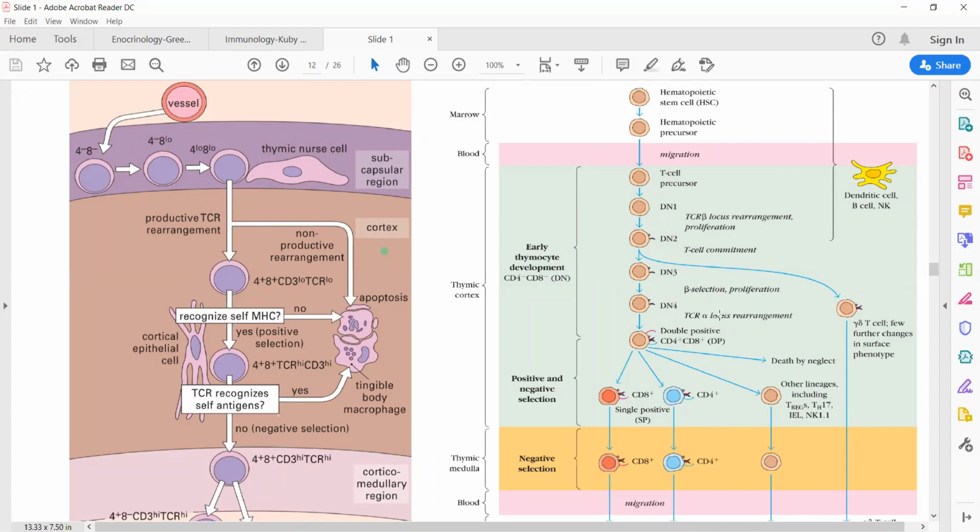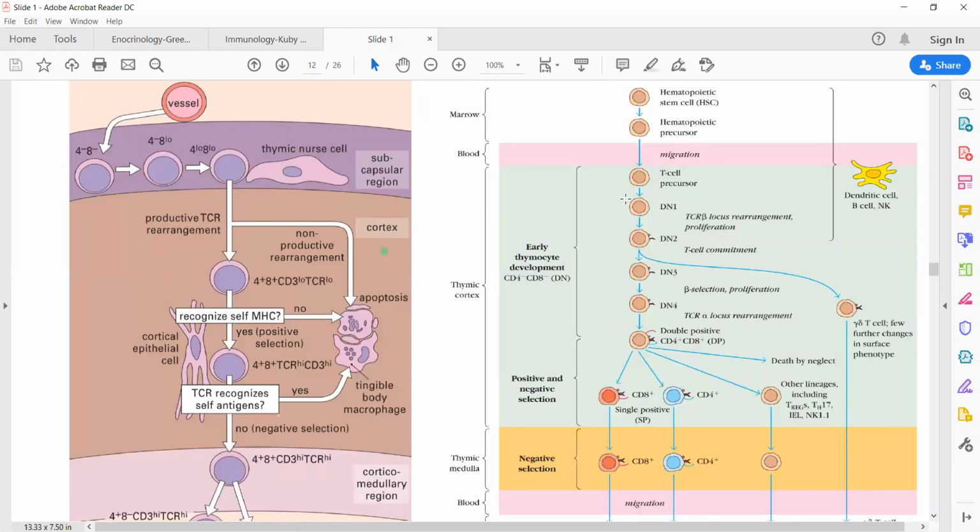So almost we have the TCR beta chain and the TCR alpha chain completed. Now the thymocytes move into the next stage, the stage 2 thymocytes. Till now it was the stage 1 thymocytes. Stage 1 thymocytes had 2 phases.